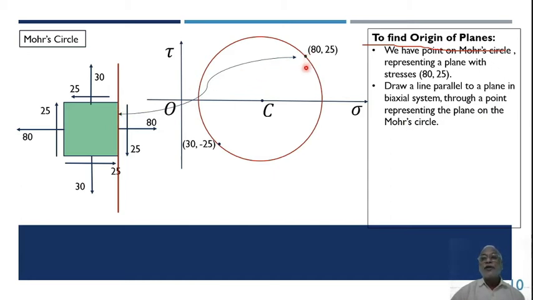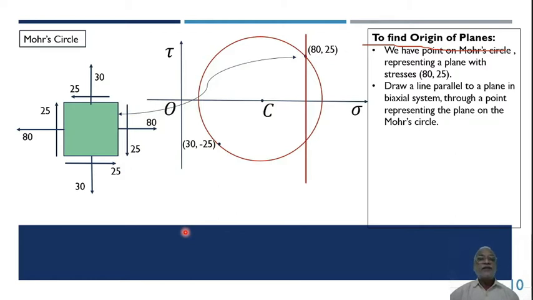Now through that point, draw a line parallel to the plane. So parallel to this face, parallel to this plane, I have to draw a line. Where? Through the point which is representing this plane. This is the point. Through this I have to draw a line parallel to this red line. Okay, I'll draw it. There it is.